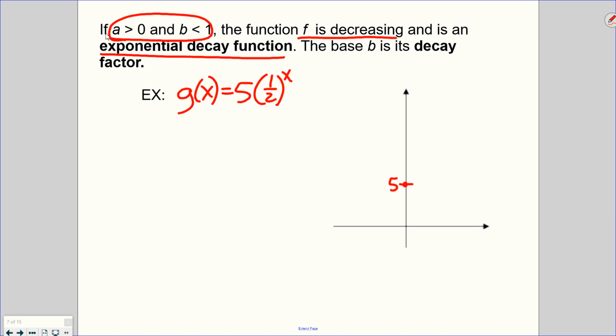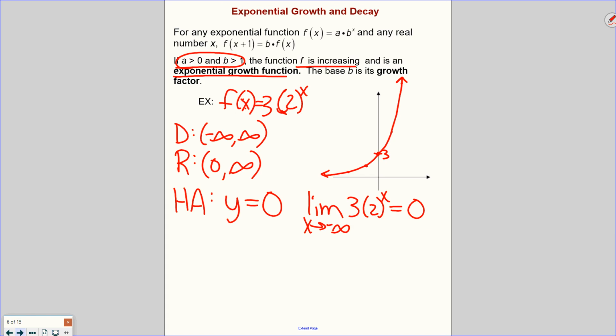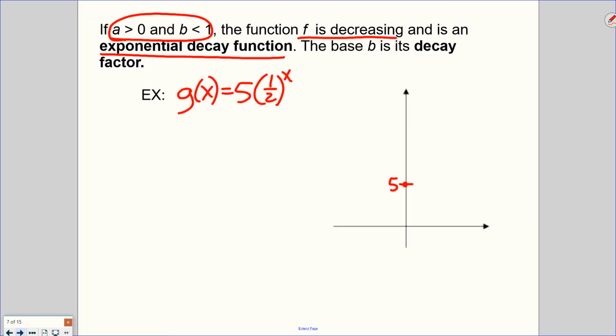And then if we go back to that table and look at some points, we know that when we had -1, we were at 10, and -2, we were at 20. So when we look at our graph, we just think, okay, if I go back a little bit to -1, I'm going to be way up here, and then I'm going to be really high. So we can just kind of see that this is going up really fast over here.